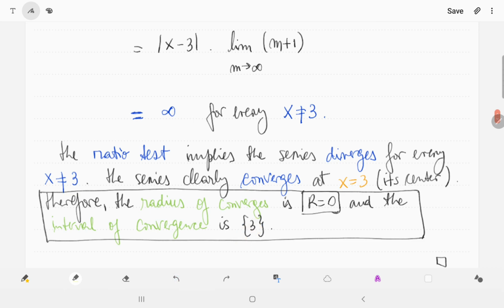So, summarizing. The goal of this lecture is to learn how to use power series to solve ODEs. So far in this first part, what we saw is what is a power series, and the power series have a radius of convergence and an interval of convergence, and we saw two tools to calculate these two things.